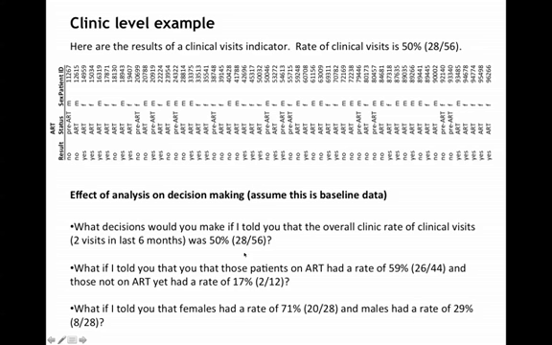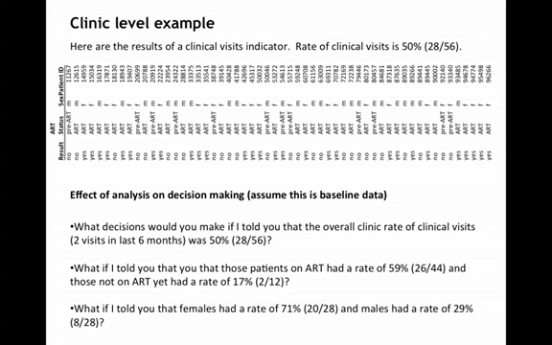If we only looked at the aggregate, which was 50%, and we didn't stratify and look at the data in various other directions, such as ART status or sex, we may be missing a very important piece of what the data are telling us, and really it would affect our decision making.